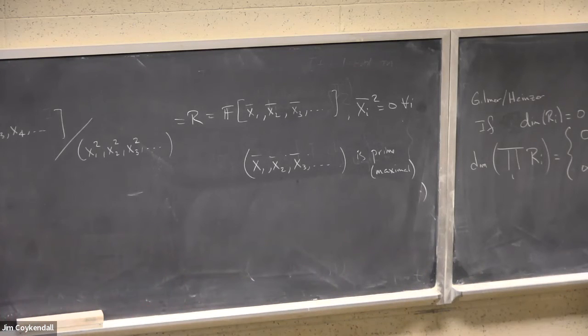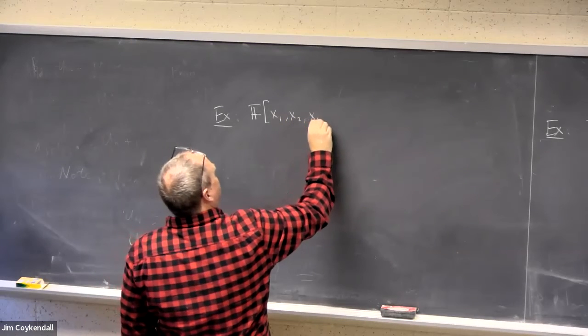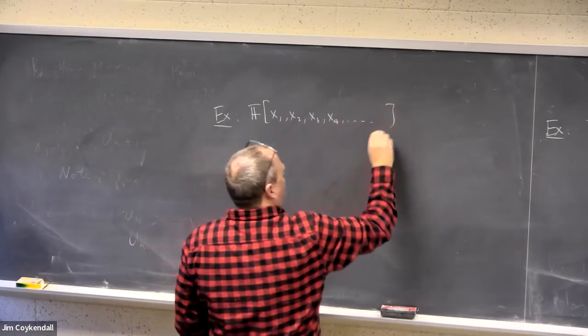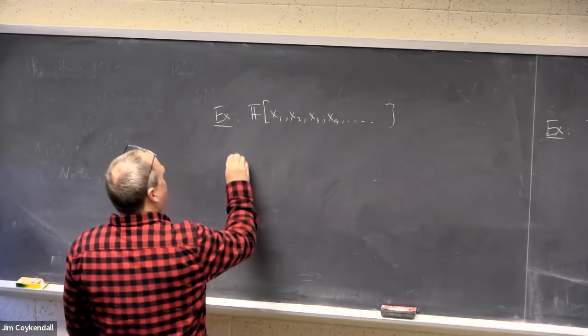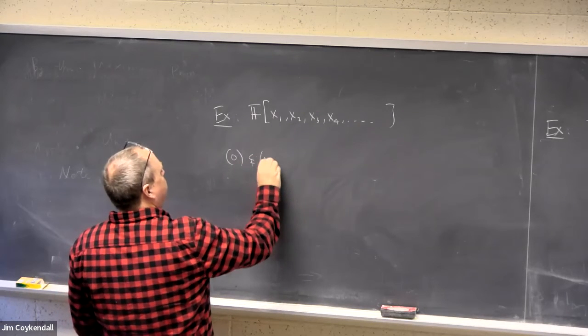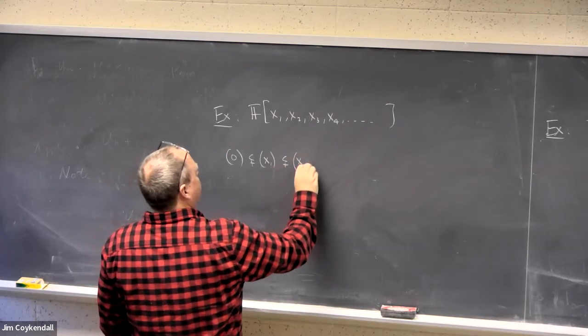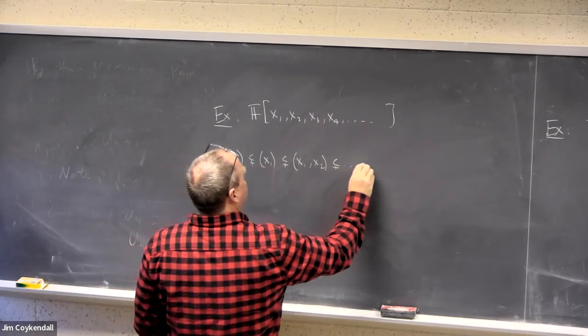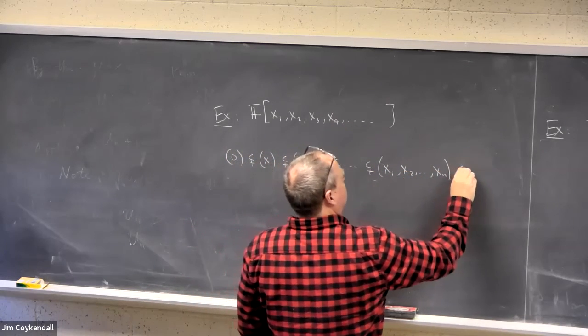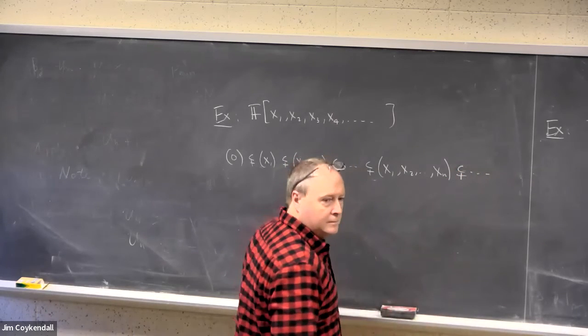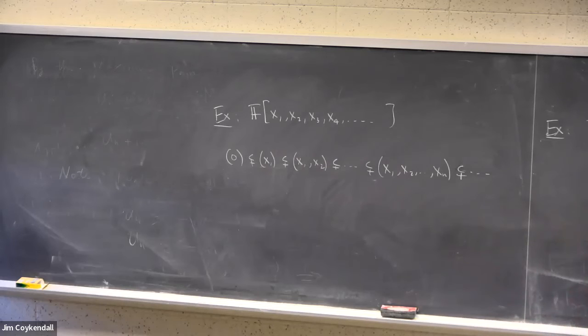Well, let me give you an example. Suppose I have this one. As written, this one is not finite dimensional. I'll give you an infinite stack of prime ideals, and there are infinitely many of them. All those ideals are prime, right, and it's infinite dimensional.